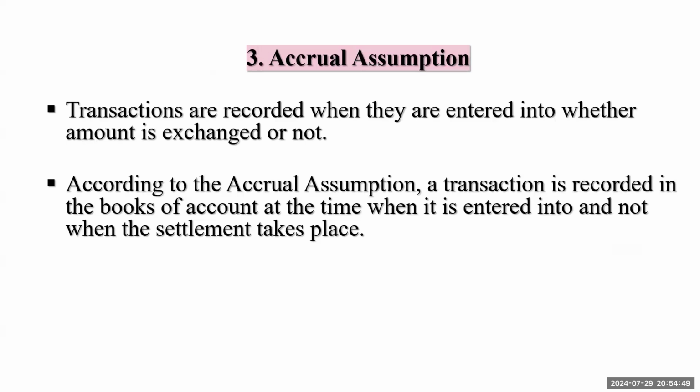So according to accrual assumption, a transaction is recorded in the books of account at the time when it is entered into and not when the settlement takes place. So this was the accrual assumption.